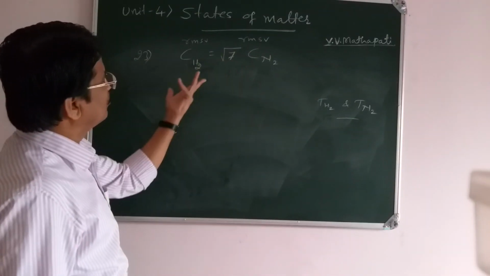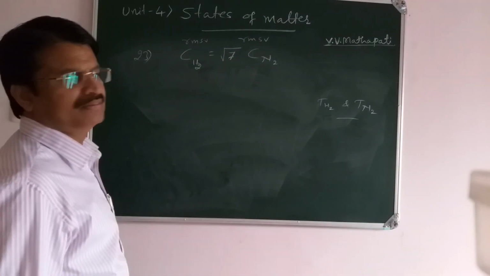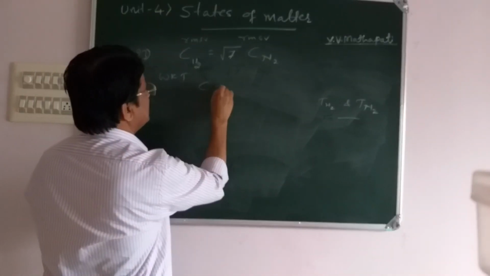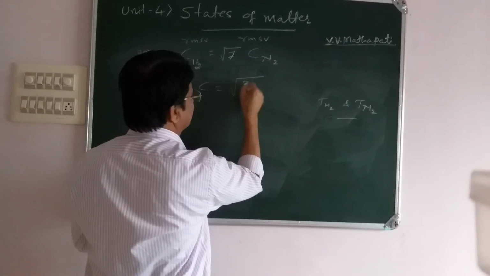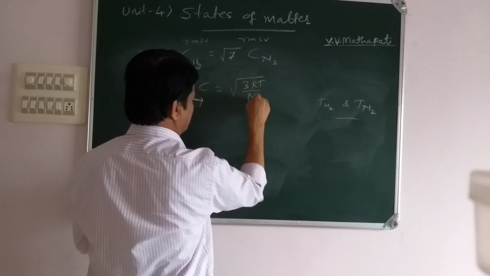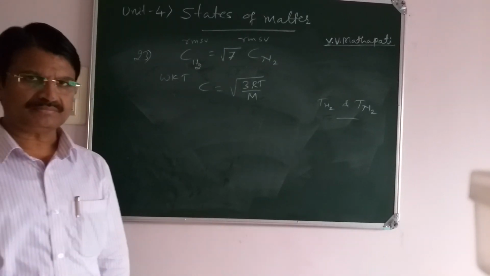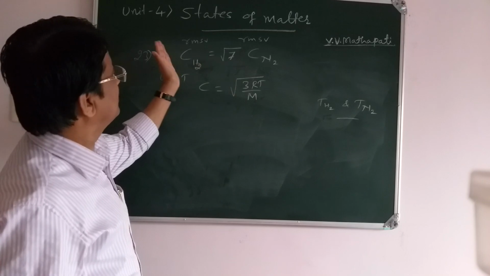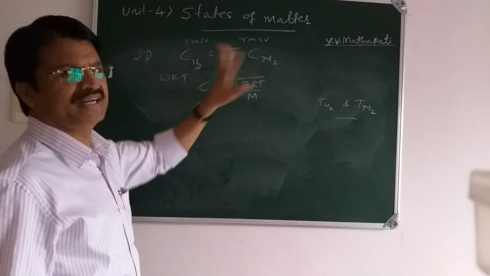RMS velocity has no temperature here, but how to write the formula? We know that the formula for RMS velocity in terms of temperature is C equal to square root of 3RT by M. Use this formula for two cases, hydrogen and nitrogen.